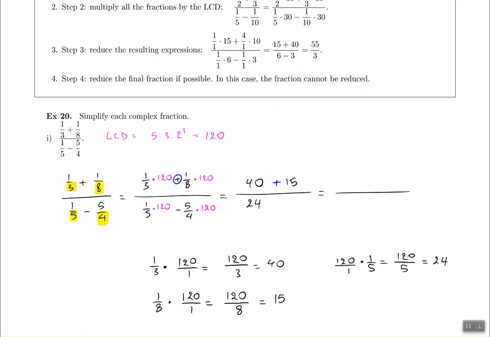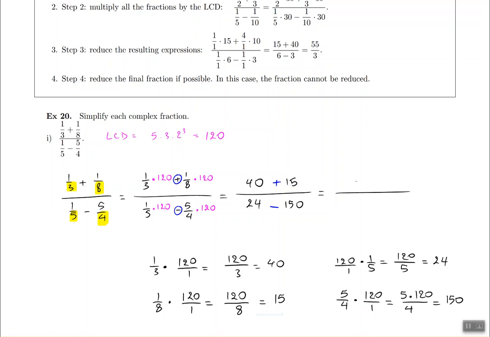And finally, there's a minus, so make sure you copy it. And we have 5 over 4 multiplied by 120, which is the same as 120 over 1. So we multiply the top with the top and the bottom with the bottom. So 5 times 120, divided by 4 times 1. In this case, I get 150. So that's my final denominator.